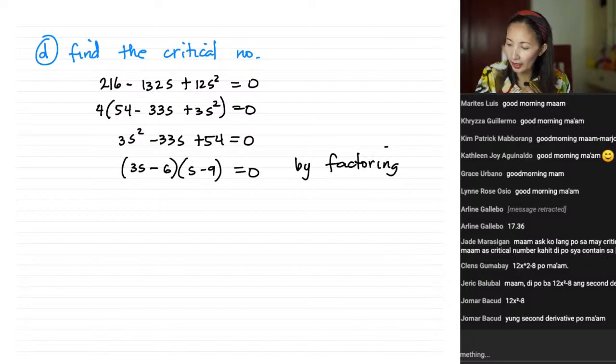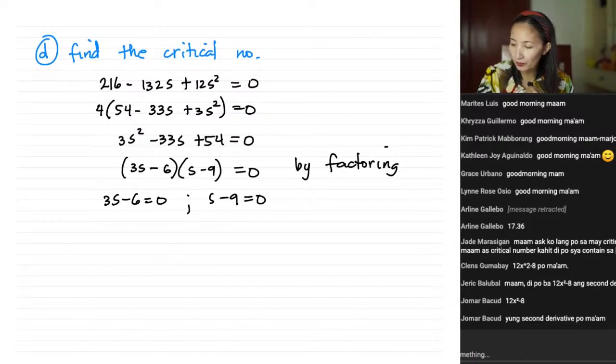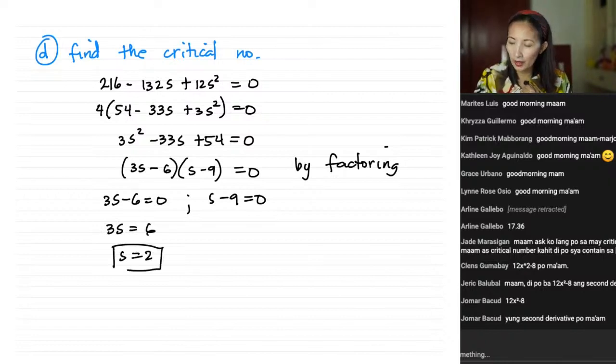Then solve for s. 3s minus 6 equal to 0, and s minus 9 equals 0. 3s is equal to 6, s is equal to 2. And what about here? s is equal to 9.